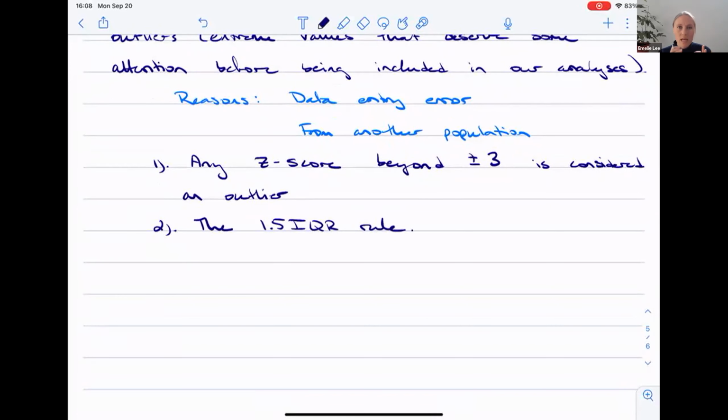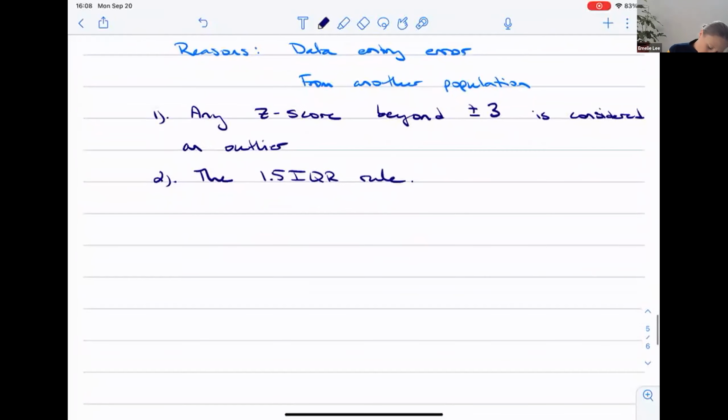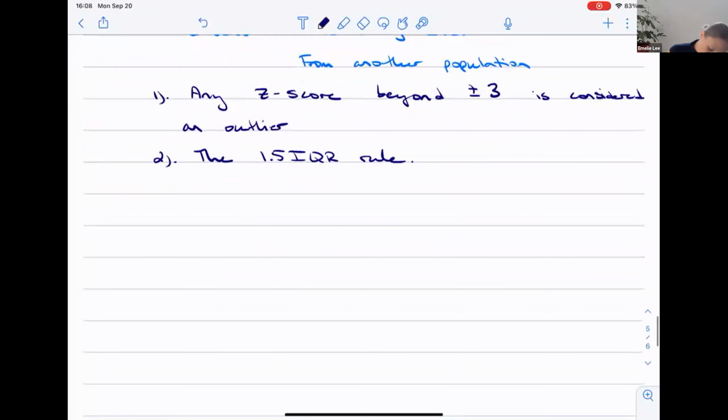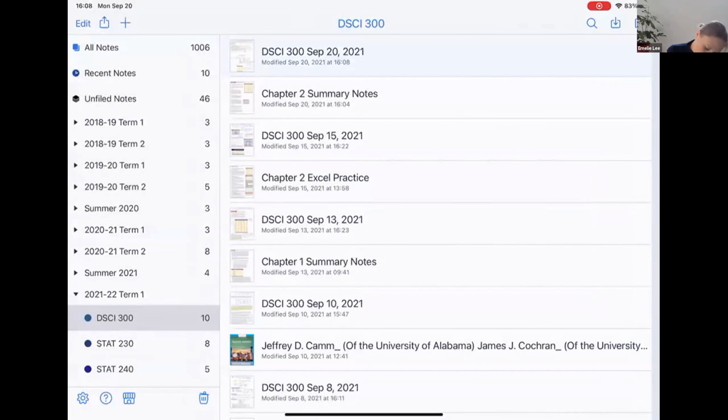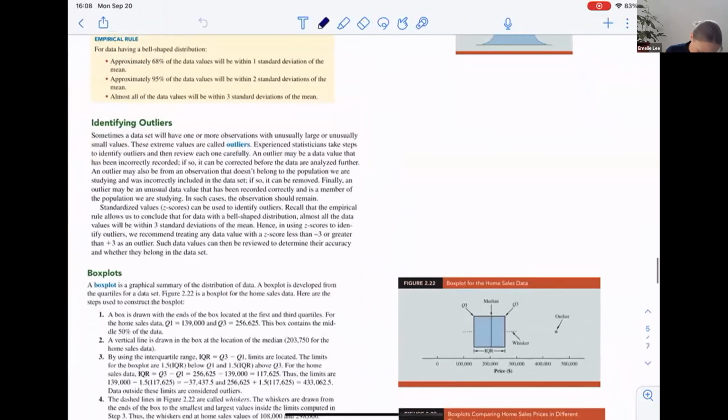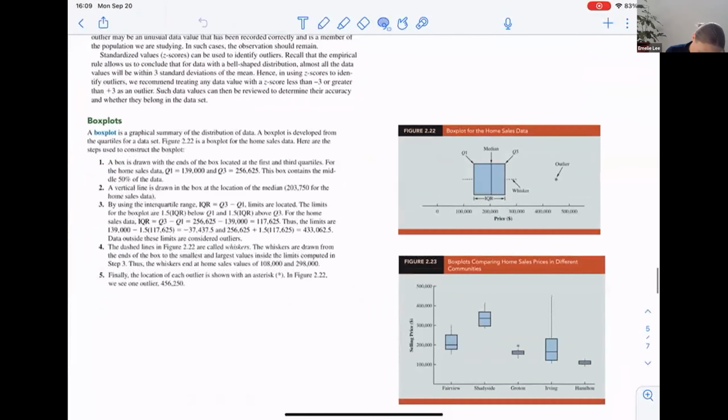What it says is that any value that's beyond 1.5 times the interquartile range from the first and the third quartile, so moving out, I know that's wordy, but I'll show you graphically what I mean, is going to be considered an outlier. I'll bring in the notes instead, so I'm not saying it twice.